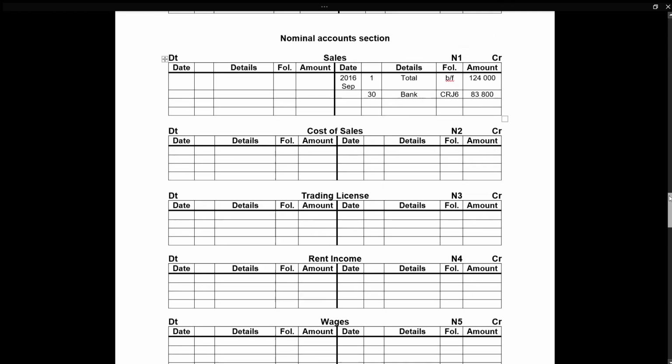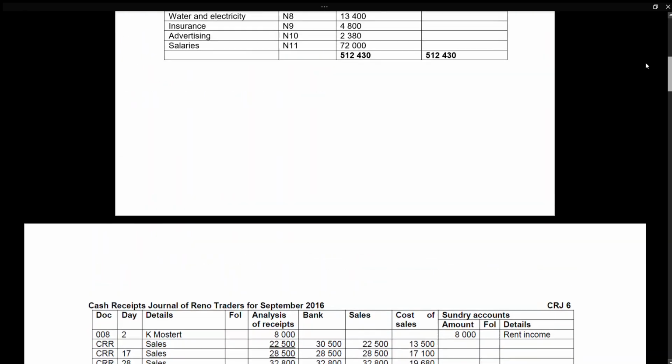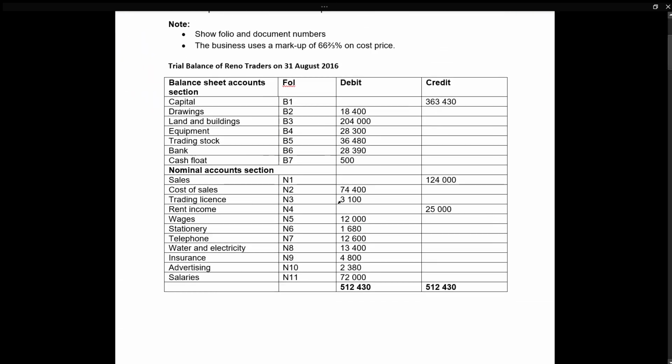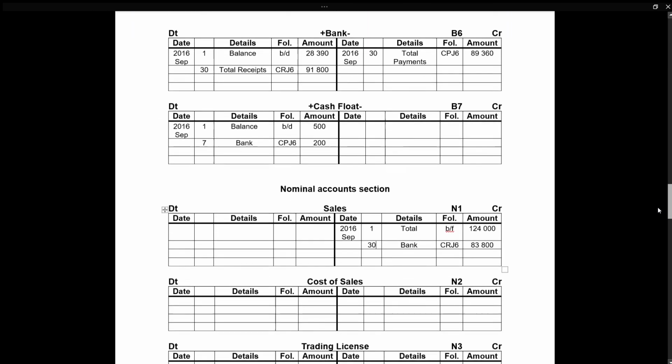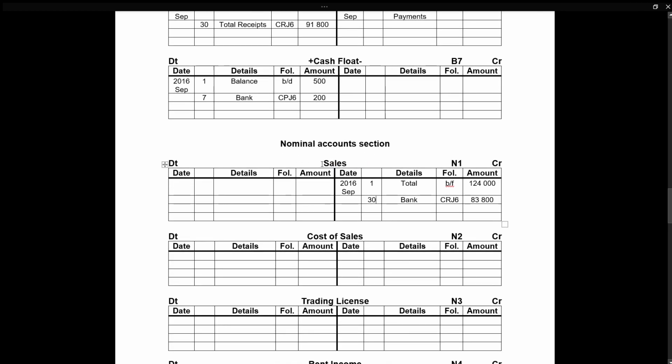Cost of sales, let's go and see our opening total. Right, so cost of sales, 74,400 Rand. I forgot to tell you, sales is an income account and the sign is minus, plus. It will increase in my credit side. Where cost of sales is an expense account, it will increase in my debit side.